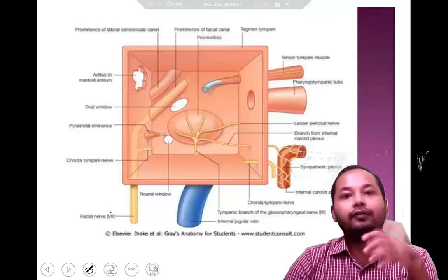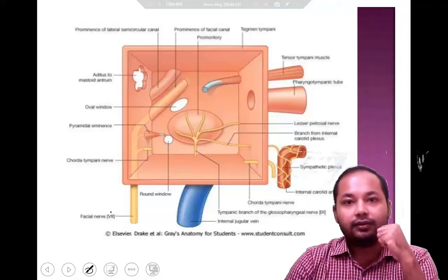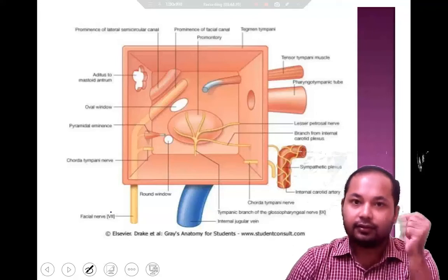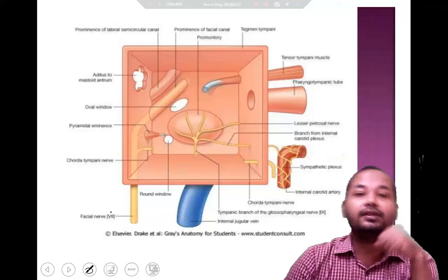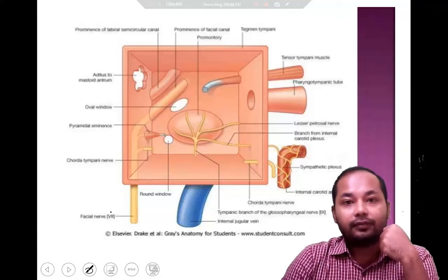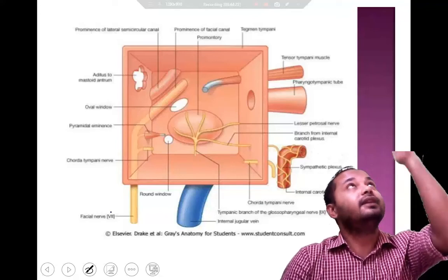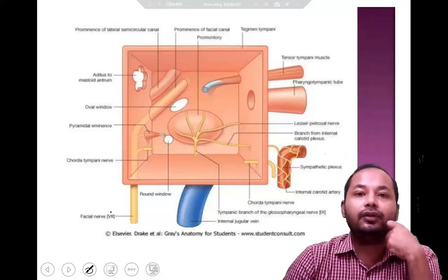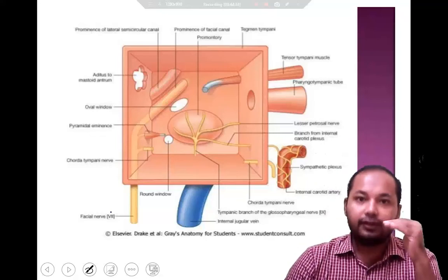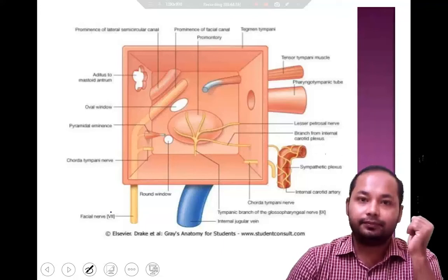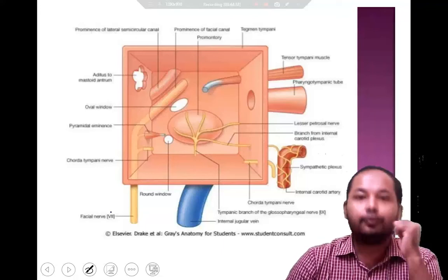In the floor you have an important vein, the internal jugular vein. In the roof you have the brain, the temporal lobe, and the plate in the roof is called the tegmen tympani. It is a thin plate of bone.